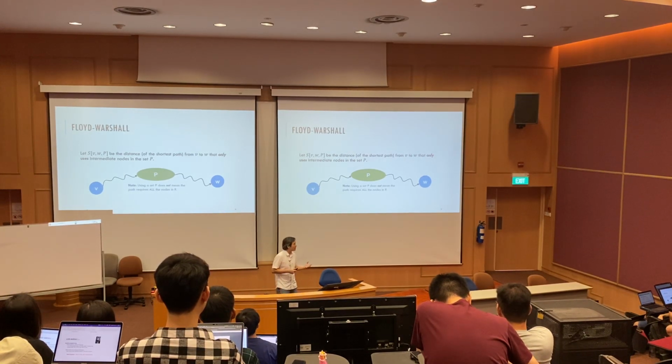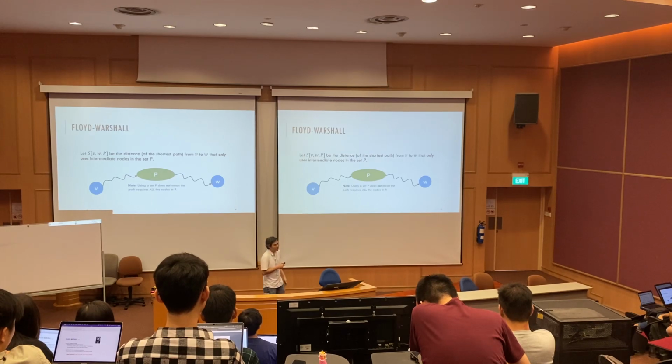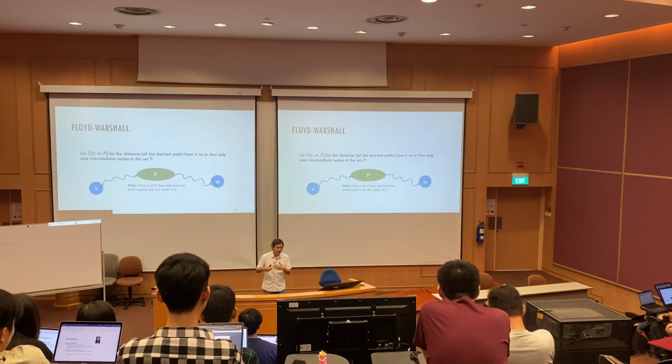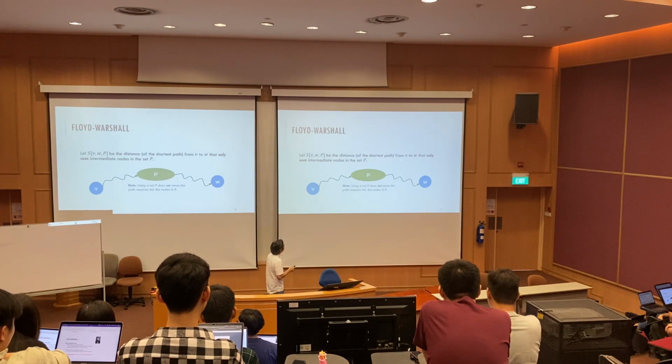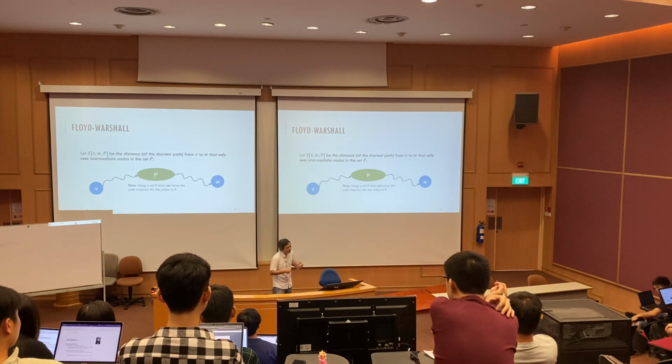Let's define some terms first. I'm going to define S(V, W, P) to be the distance or the shortest path. If I say distance, I usually mean shortest path. So distance is always the shortest of all the paths from V to W that only uses intermediate nodes in the set P. So what does this mean?